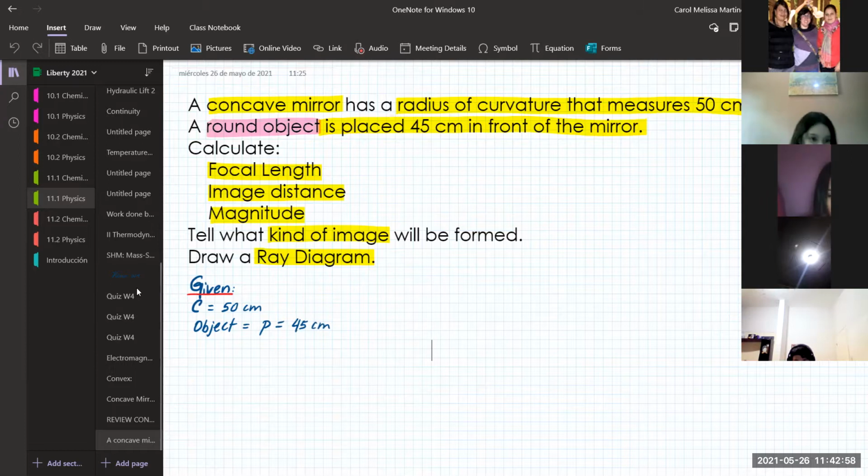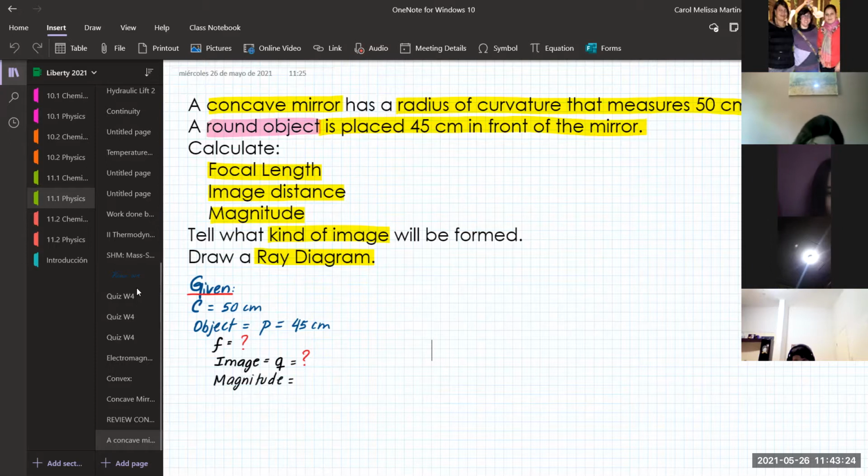They're asking you to find the focal length. They are asking you to find the image distance. Remember that image is equal to letter Q, okay? So image is Q and you need to find it. And also, you need to find the magnitude.